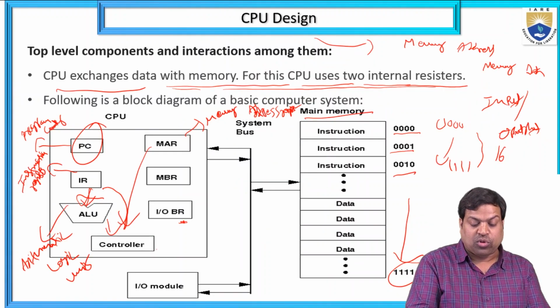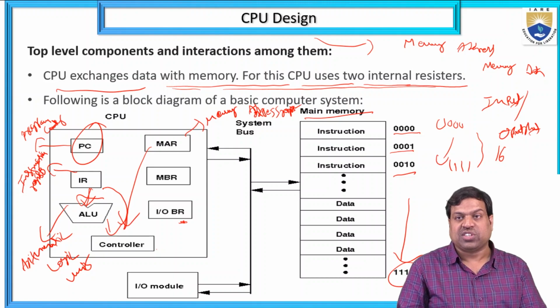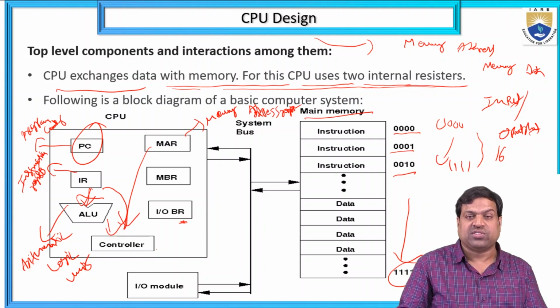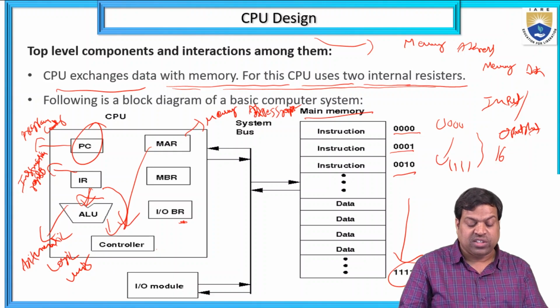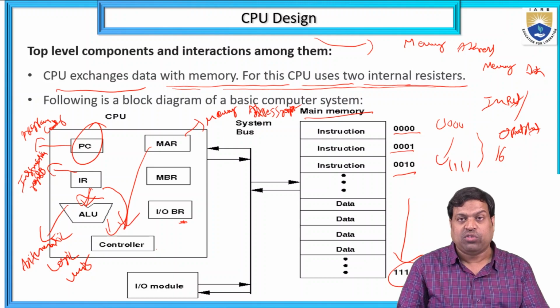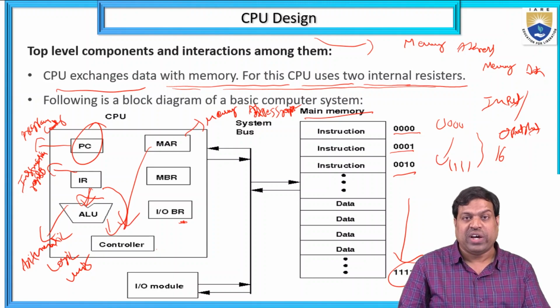So for any program, I'm taking 4 lines of instructions. Suppose I have 4 micro operations with 4 instructions. So the program counter will check whether the instruction is properly there. Yes, it is properly instructed. Then it goes to the instruction register. The instruction register finds out whether the specific instruction is valid or not.